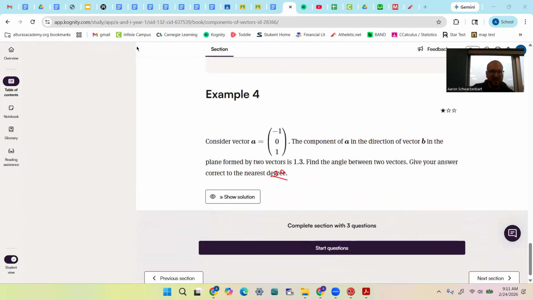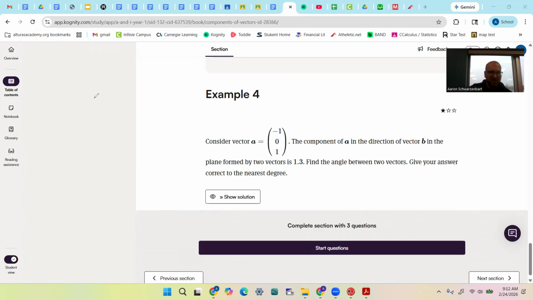Last thing. Consider the vector A, the component of A in the direction of vector B in the plane formed by the two vectors is 1.3. Find the angle between the vectors. So this is vector A. The component is 1.3.